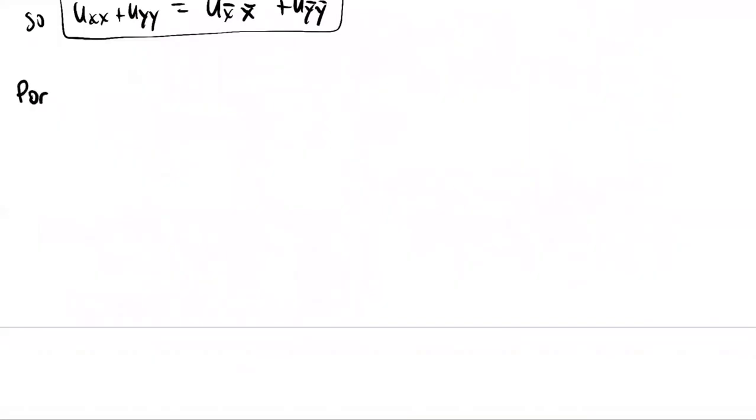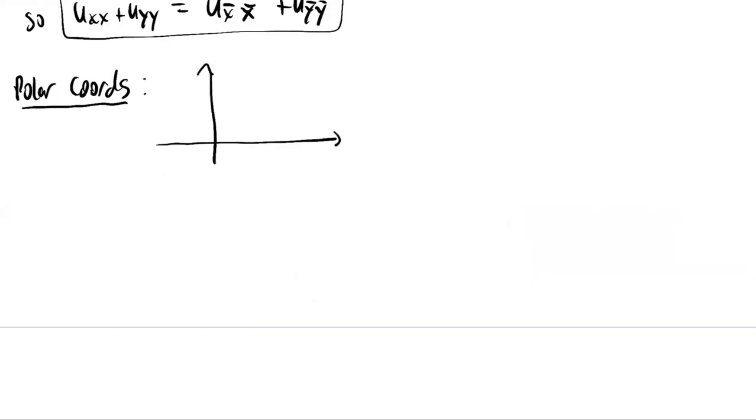Okay, so if you think back to multivariable calculus, there was a specific coordinate system which was very useful for analyzing things that involve lots of rotations. In particular, this was the polar coordinate system. Right, and so remember, if this is the standard x and y axis, maybe this is a point x comma y.